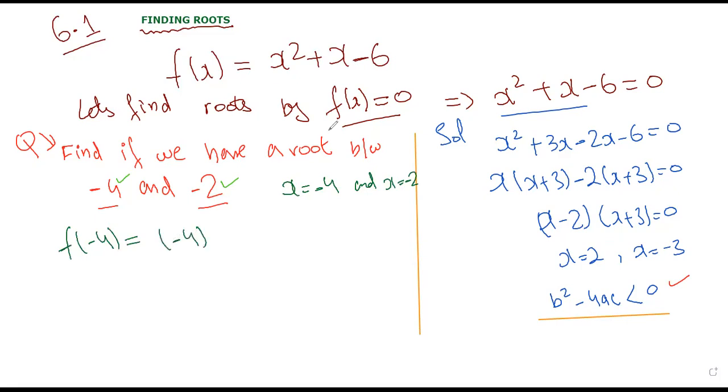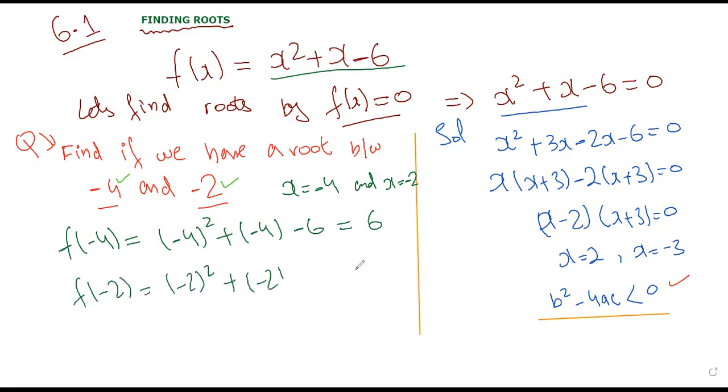I need to use this formula, right? -4 square plus -4 minus 6. It would be 6. And at -2, it would be -2 square plus -2 minus 6. It is going to be -8. Now you need to notice one thing. This is positive and this is negative.